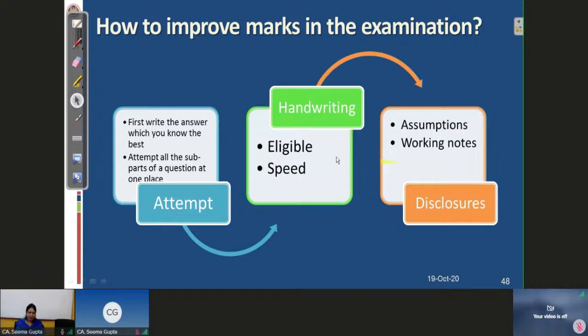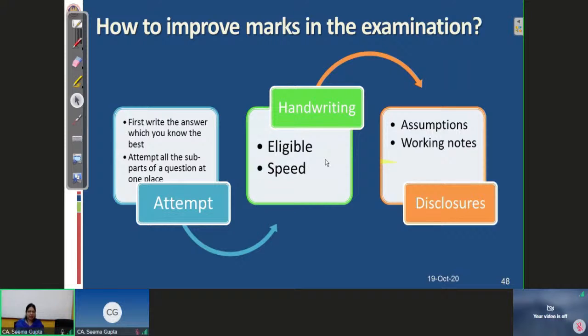There is no mantra, there is no magic stick which we can apply to pass the examination or to score more marks in the examination. The only thing is hard work, determination, dedication, sincerity, and complete disclosures, as I have mentioned, and adopting a proper examination strategy.